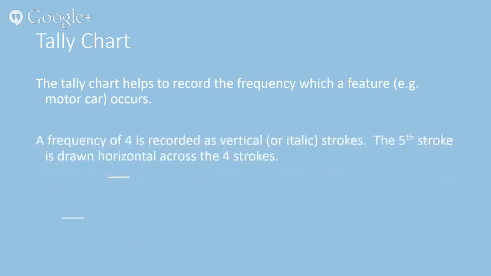A frequency of 4 is recorded as vertical or italic strokes, and then the 5th stroke is the horizontal stroke. So a score of 9 would look like this: 4 plus 5 gives you your 9, with one horizontal stroke.